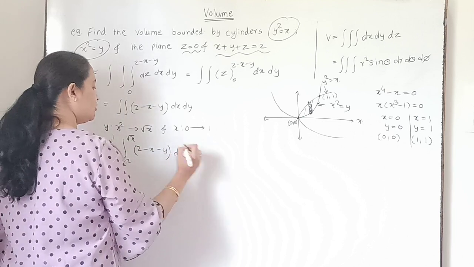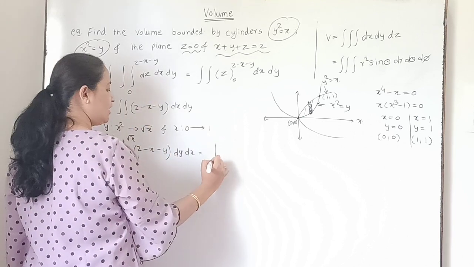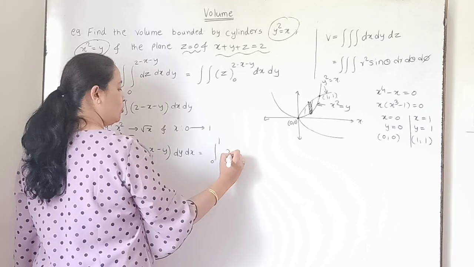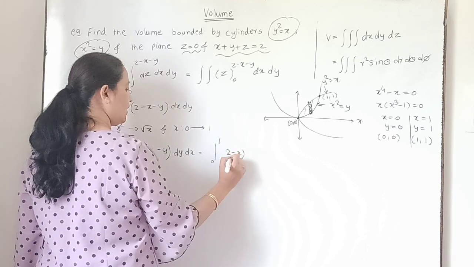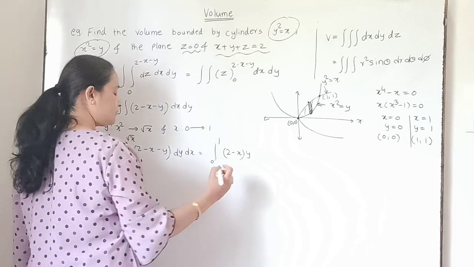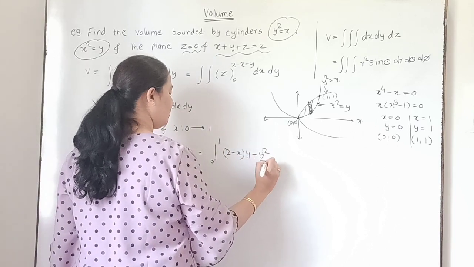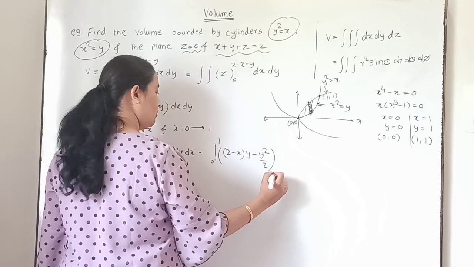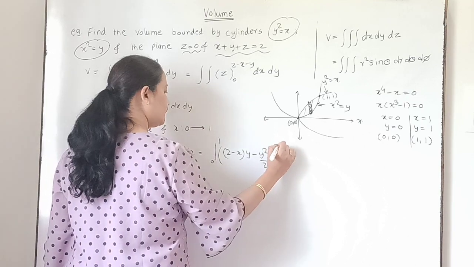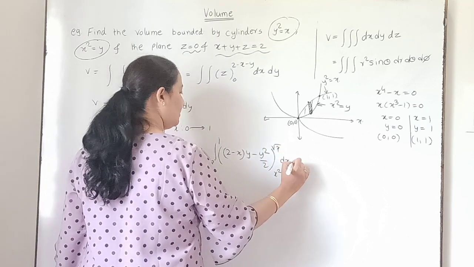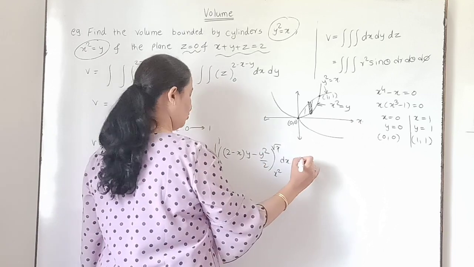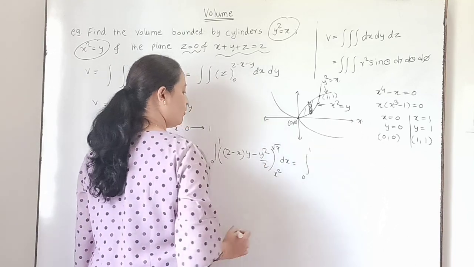If I integrate this with respect to y, it is integration from 0 to 1, 2 minus x into y minus y square upon 2, limits from x square to root x dx. Now if you apply limits, upper limit minus lower limit, you will get integration from 0 to 1.